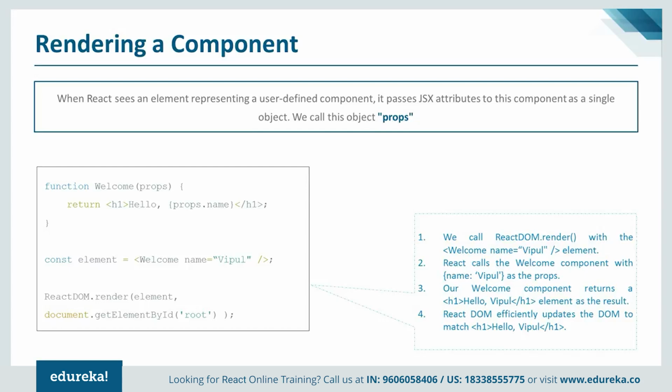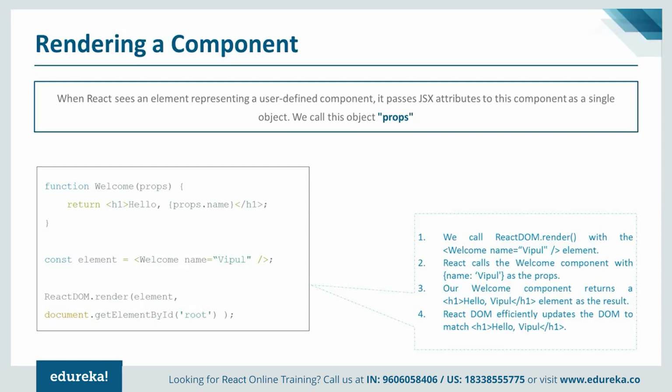React calls this welcome component with name Vipul as the props. This welcome component returns hello Vipul, which is written over here as hello and props.name. So this props.name and the component attribute which is name should match. And finally, ReactDOM efficiently updates the DOM, and ReactDOM here is the virtual DOM, which efficiently updates the DOM to match the hello Vipul or the H1 tag.